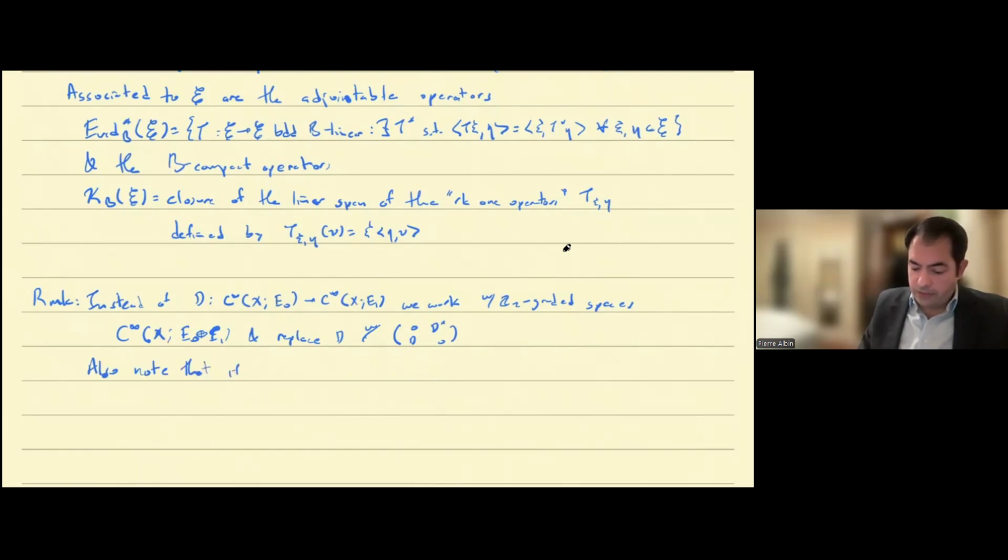Also note that if D is self-adjoint and say has order 1, then T, defined as the bounded transform of D, has order 0.